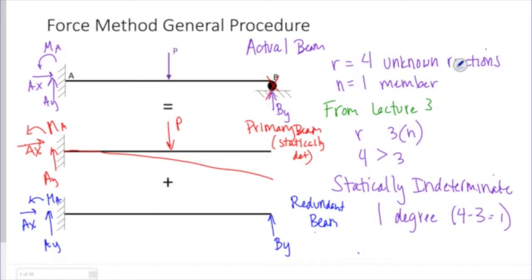So it's still statically determinate, right? 3 equations, 3 unknowns. And if I look at that displaced curve, it looks something like that.